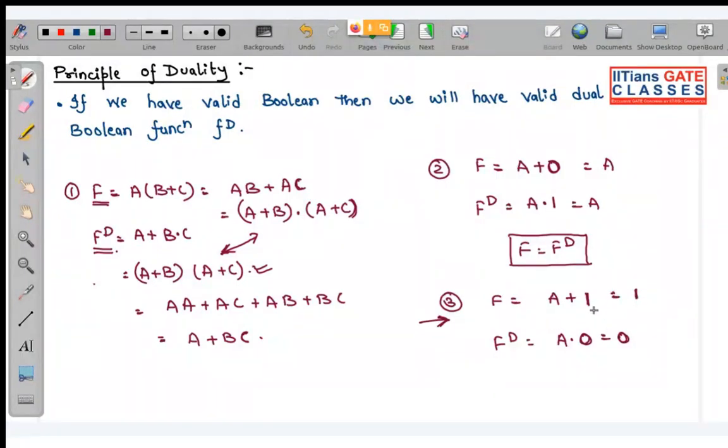Wait a second. 1 plus A is a valid expression. Something, I guess, is invalid over here that I am overlooking. Okay, leave this example at the moment. There is some issue over here that I am not able to get.